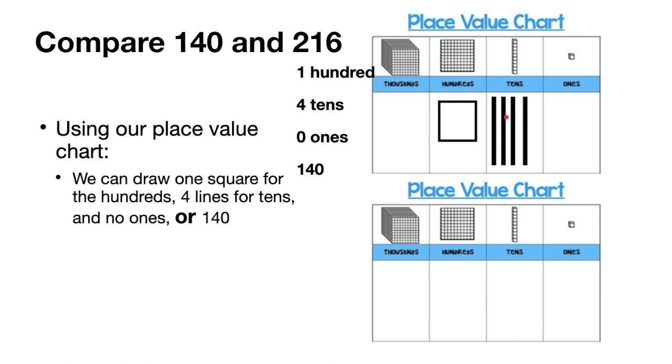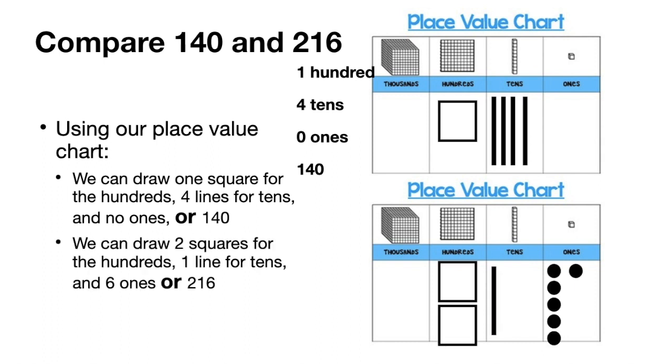So 1, 2, 3, 4. And no ones because 0 means nothing. There are no ones. Okay? So we just have an even 140. Okay. So that gives us our first number.